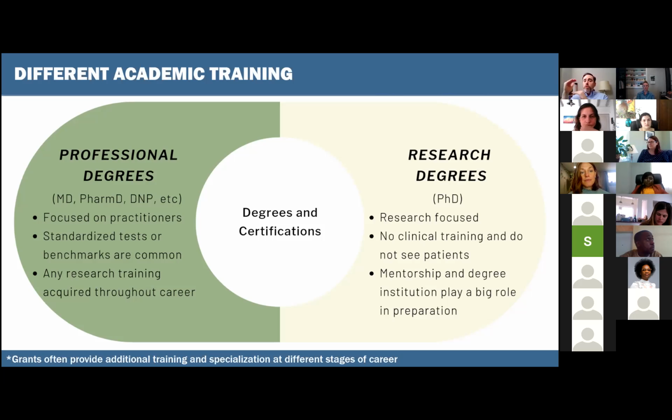It's much more a mentor-mentee relationship. And the institution where they study can play a much bigger role, right? Because they don't have the national professional standards that are set for doctors, nurses, pharmacists, et cetera. Those standards tend to be set at the national level.